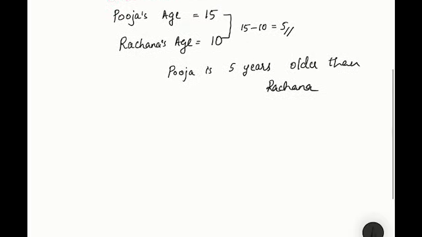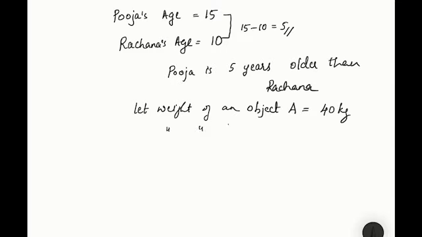Let the weight of an object, let me take object as A, let the weight of the object A be 40 kg. Let the weight of object B be 60 kg. So how do I compare?